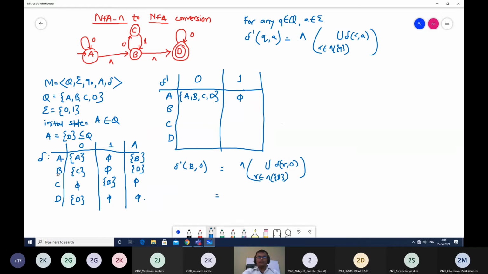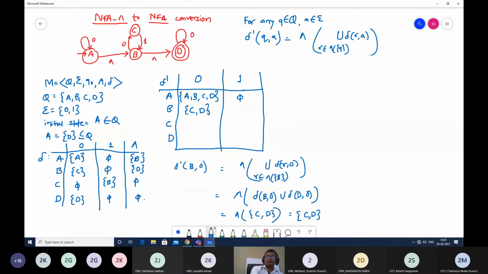Null closure of B will be B and D. So this is delta of B comma 0 union delta of D comma 0. B comma 0 is C and D comma 0 is D. So we are basically doing null closure of CD, and null closure of CD answer is C and D. So B comma 0, our final answer will be C comma D.